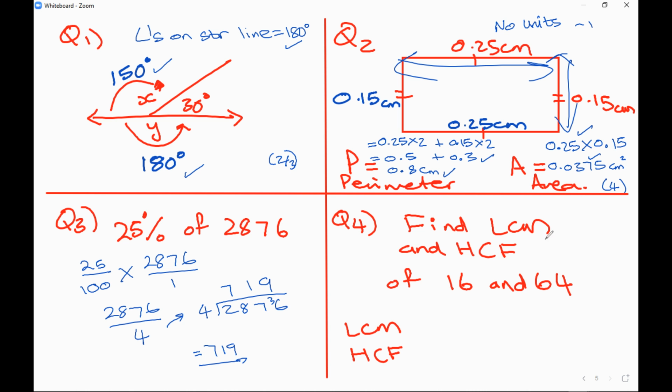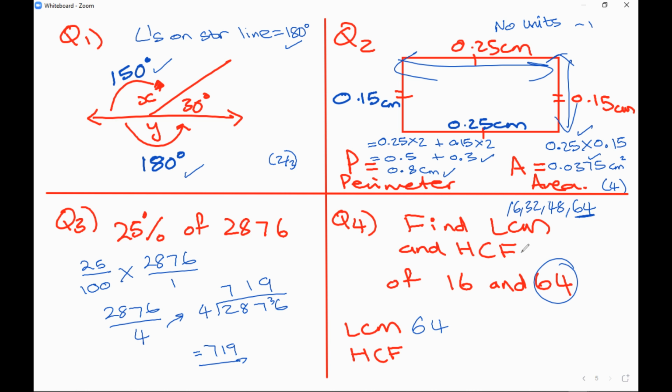The lowest common multiple is the number. Remember, multiples start from the number, and then you just keep working your way upwards: 16 plus 16 plus 16 plus 16, etc. And you can see there's a common multiple, which is 64. So the lowest common multiple will be 64 because multiples of 64 start with 64.